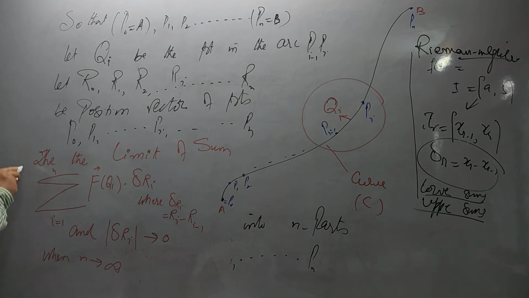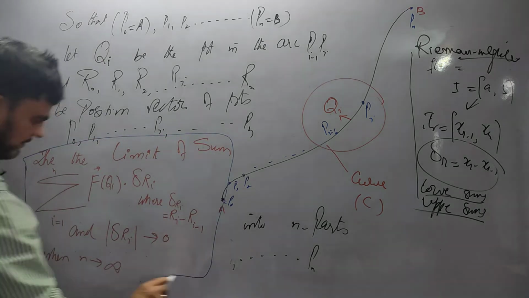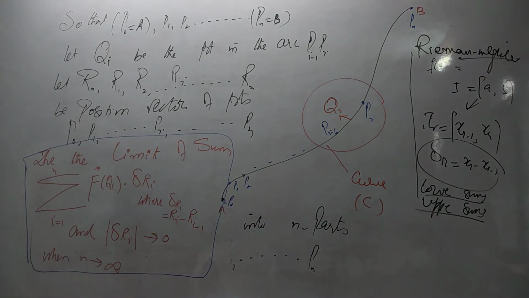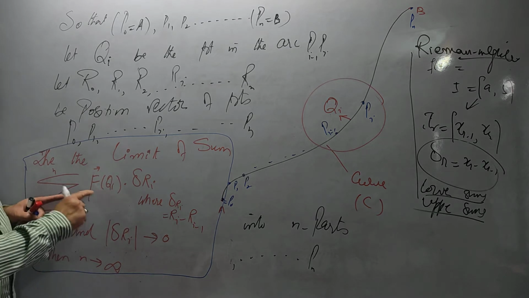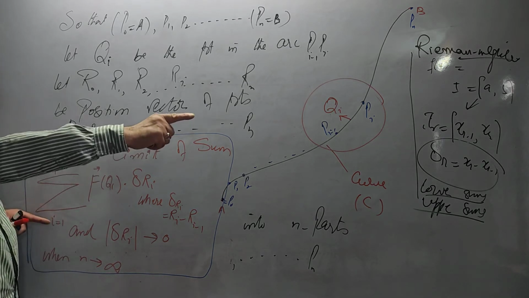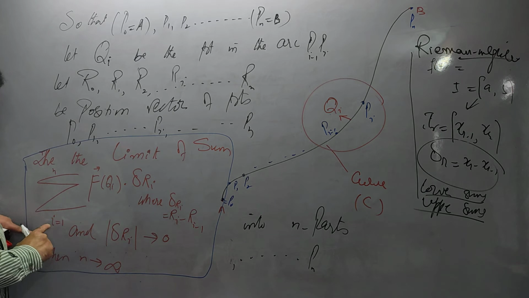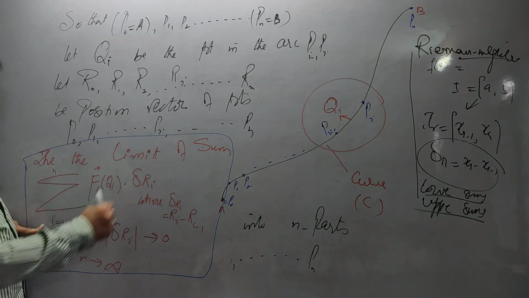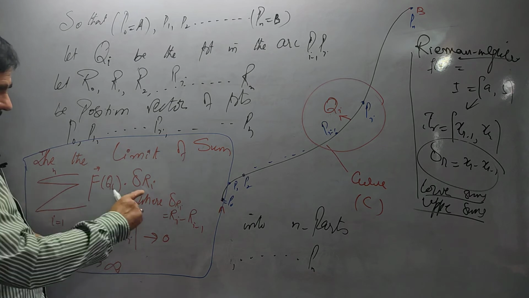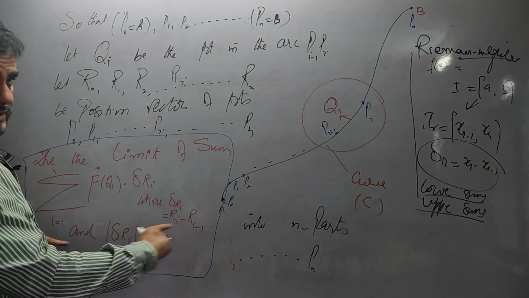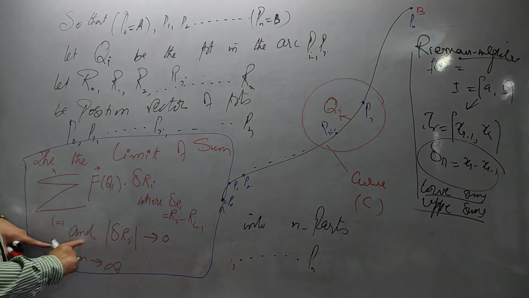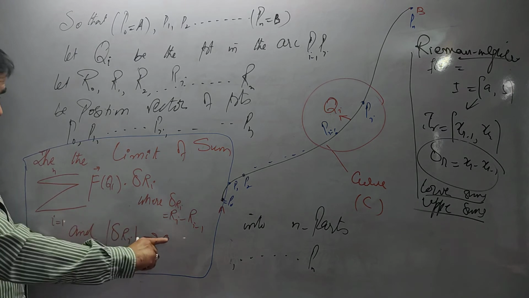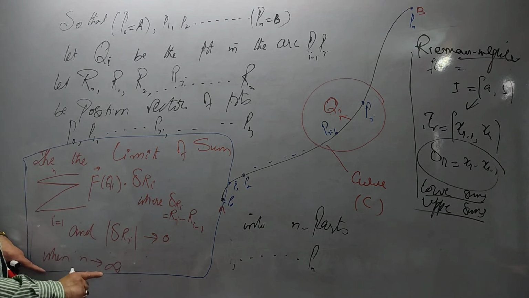If this sum exists, if it is finite, we find this summation as in the case of Riemann integration. We find summation of i running from 1 to n, f of Qi dot delta ri. What does this stand for? Delta ri is ri minus ri minus 1, the position vector formula, and the absolute value of delta ri tends to 0 as n tends to infinity.